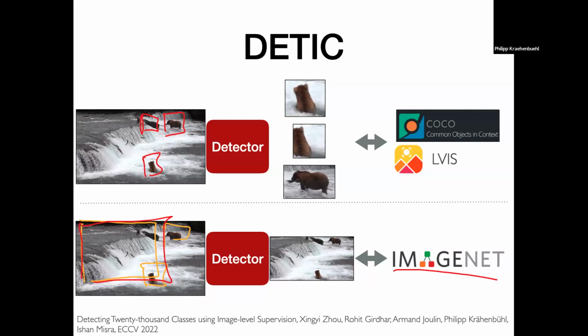Now we took a detector that was able to reason about classes we have bounding box annotations for, and it can now reason about anything that you could put an ImageNet label to. Right.